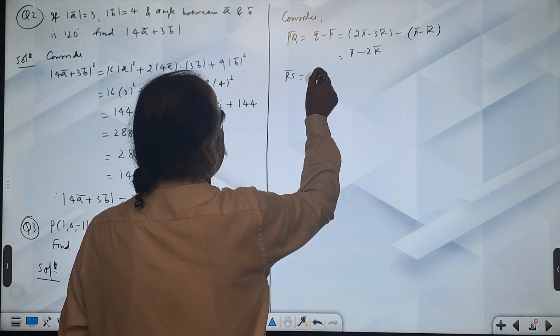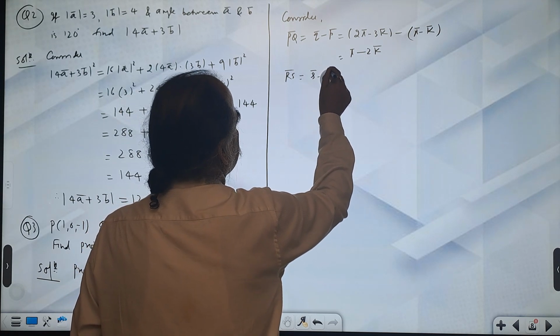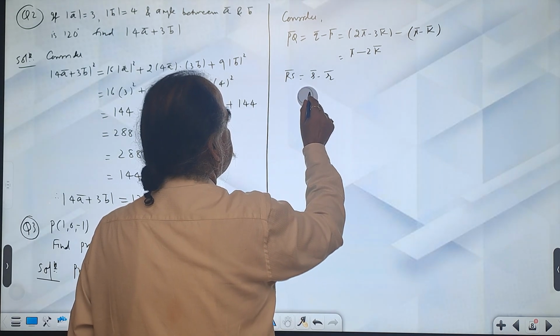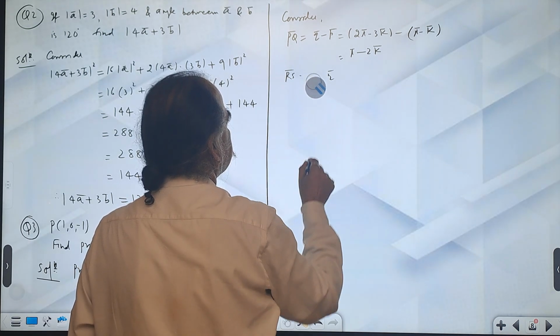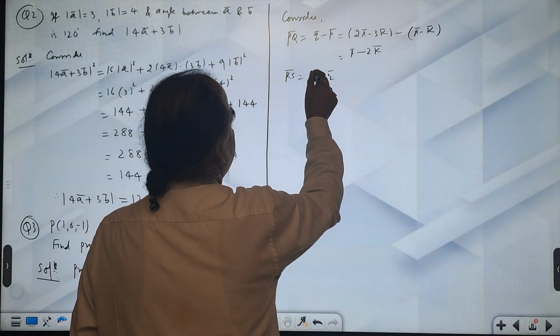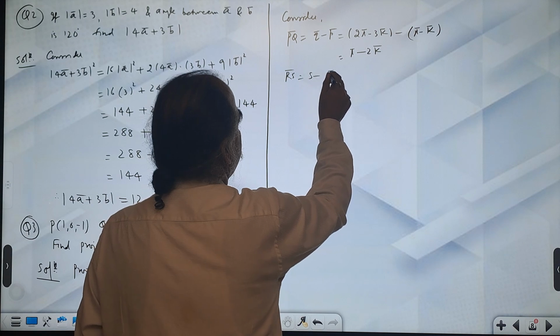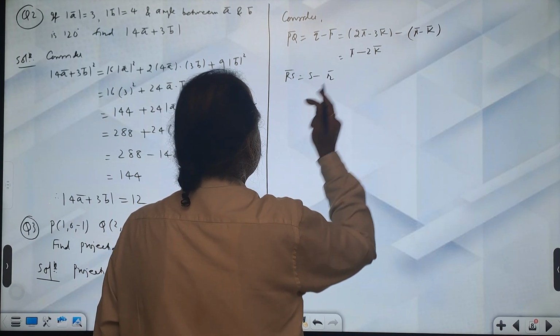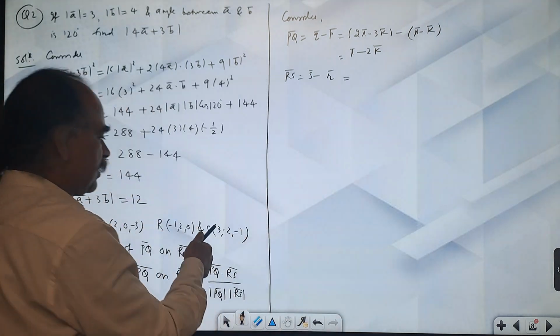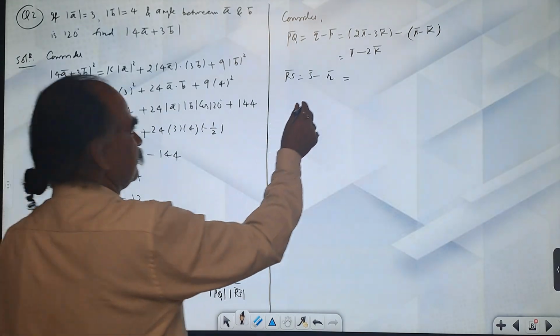RS is what? S bar minus R bar. S bar is what? 3i minus 2j minus k.